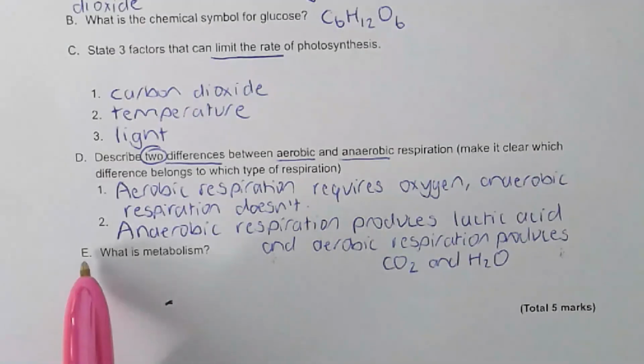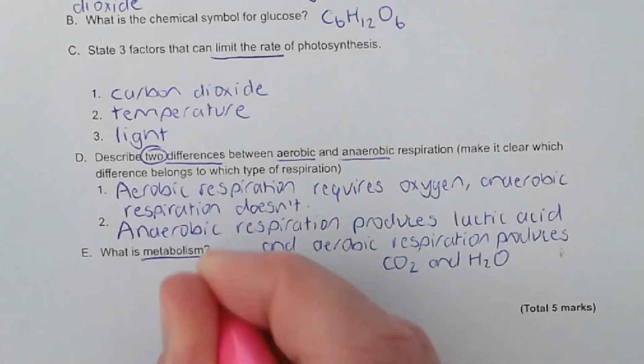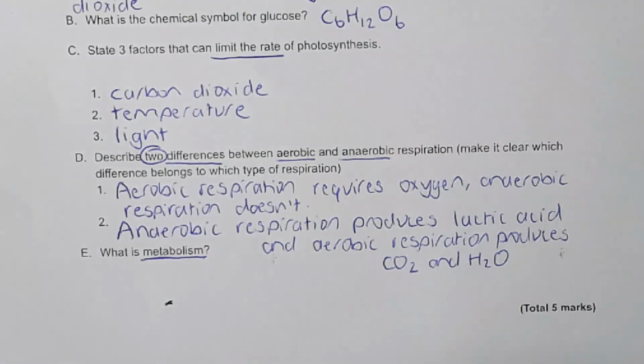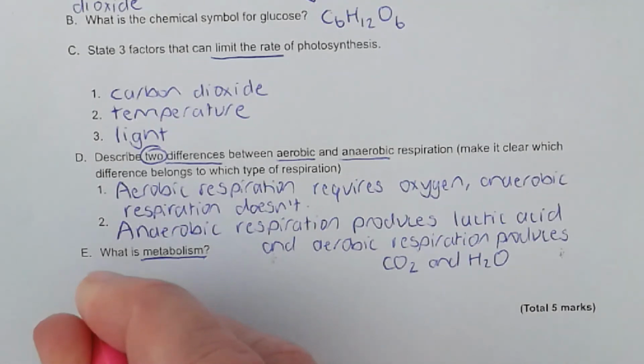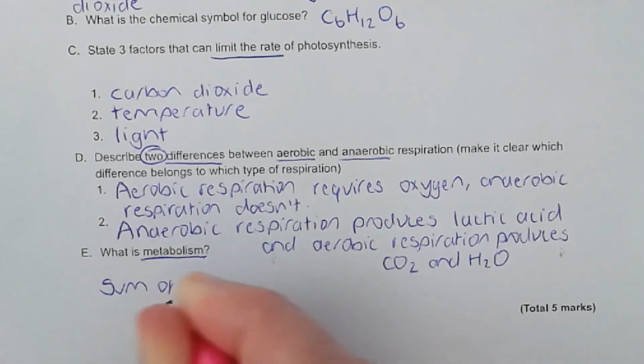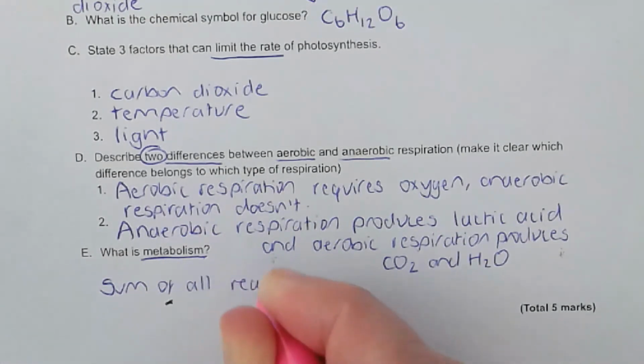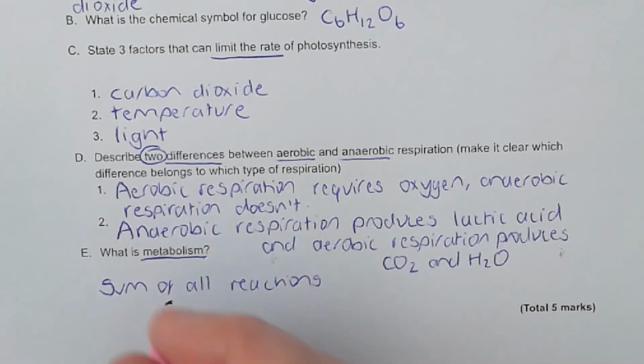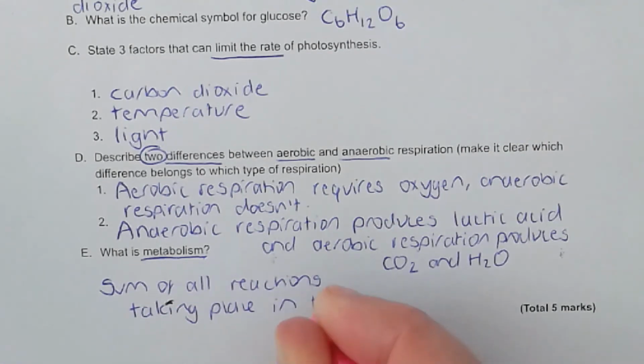Lastly, E. What is metabolism? Metabolism is a funny word. It's not used in a terrible amount of your course and it's easily forgotten, but it does turn up quite a few times in exams. Our definition then is the sum of all reactions taking place in the cell.